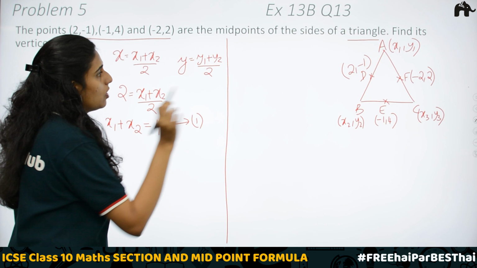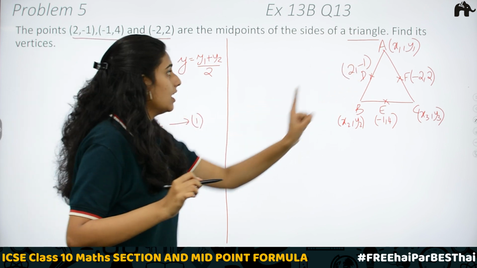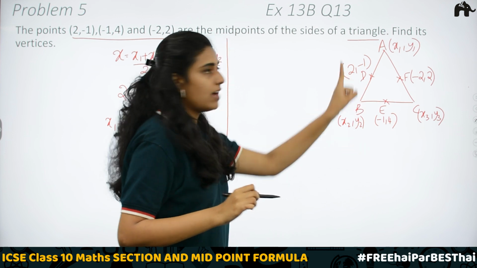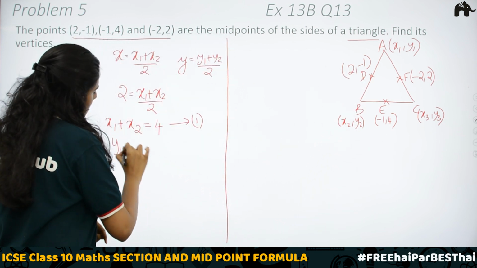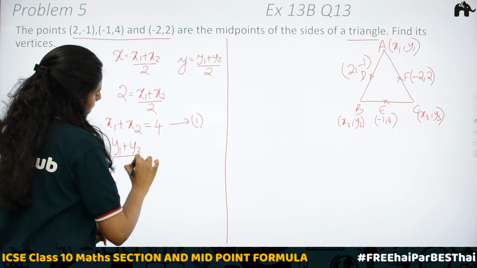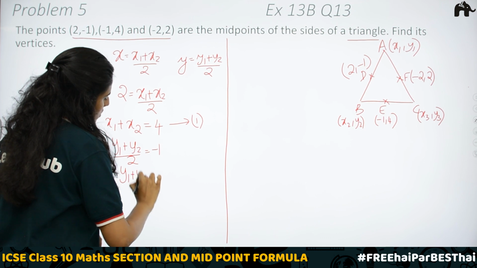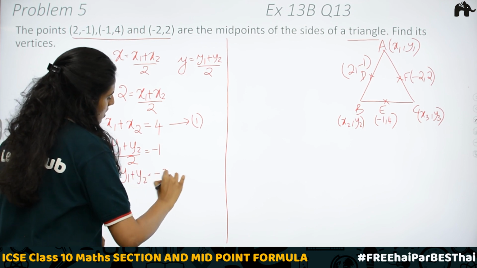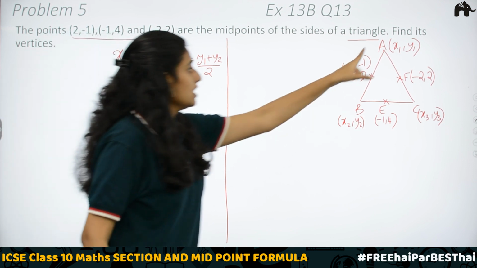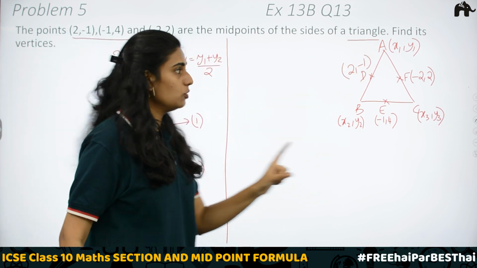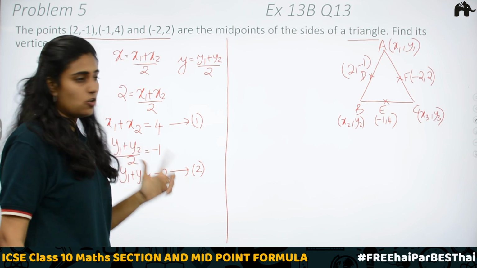Now, what about the y coordinate? Here, the y coordinate is -1. (y1 plus y2) divided by 2 is -1, or y1 plus y2 is equal to -2. This is taken as equation 2. By considering this line AB, we got two equations, one in terms of x and the other in terms of the y coordinates.